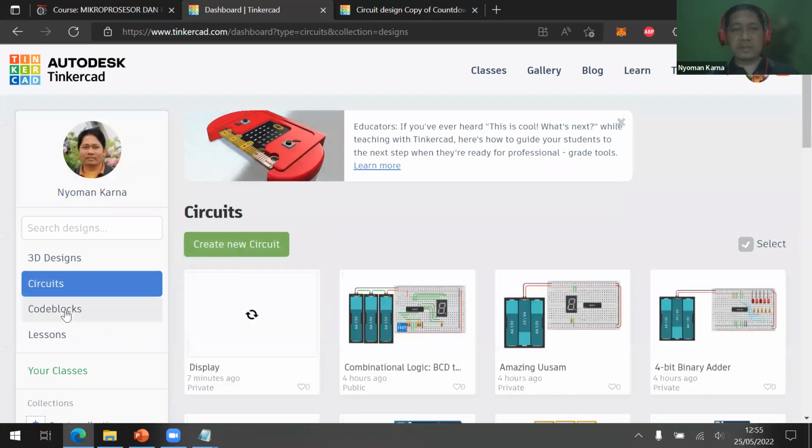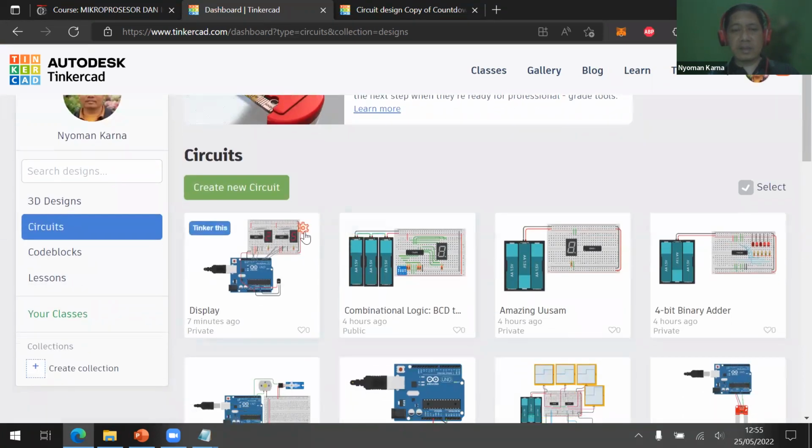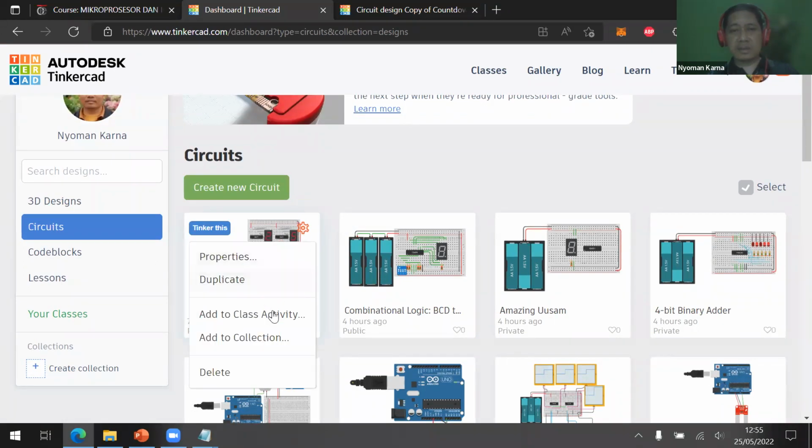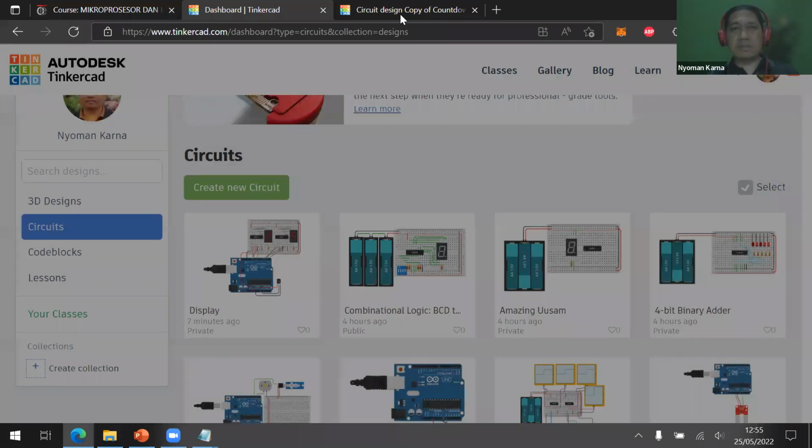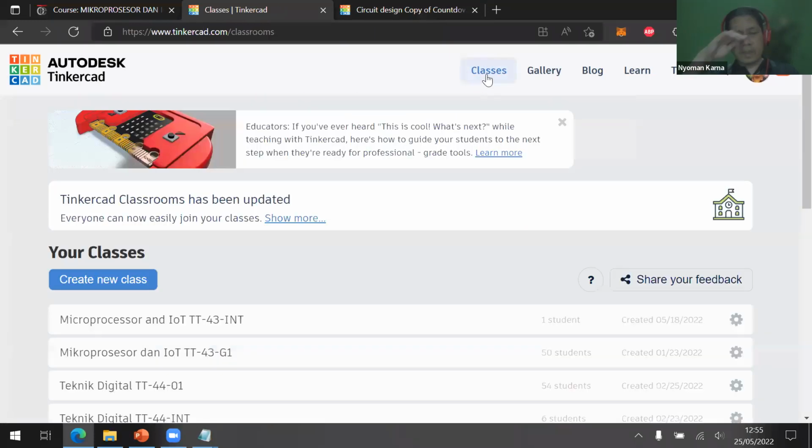First, I'm going to send this one to the, okay. Still haven't created the circuit, sorry, the activity.